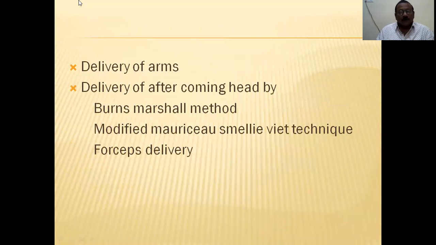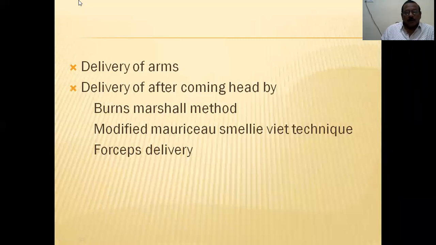Then the delivery of the hands. If the hands are extended or in nuchal position, we must resort to Lovset's maneuver, where we do shoulder flexion, jaw flexion and shoulder traction.